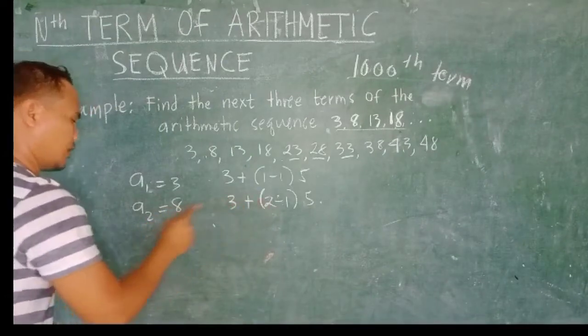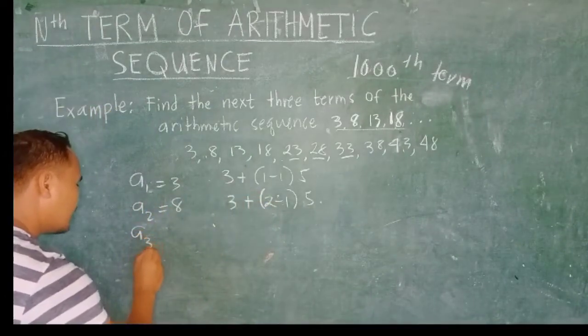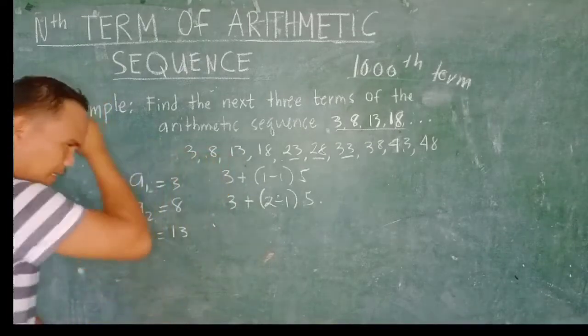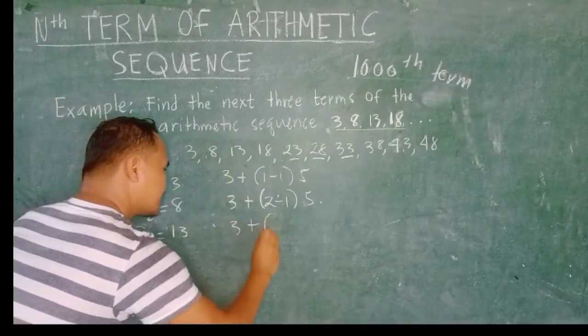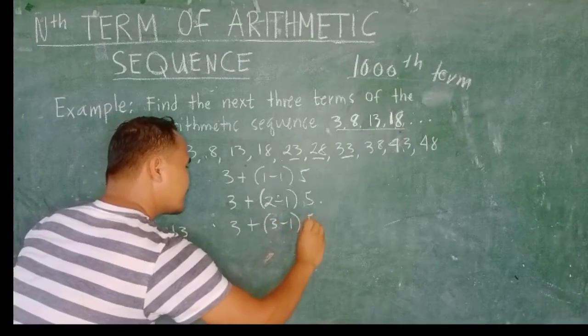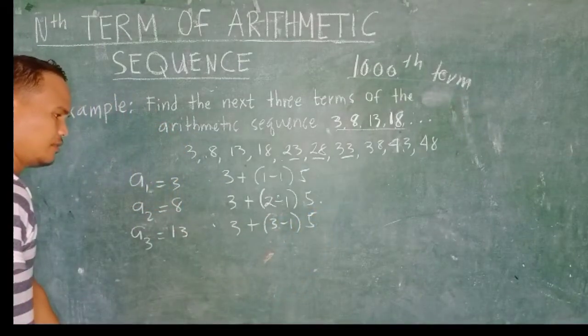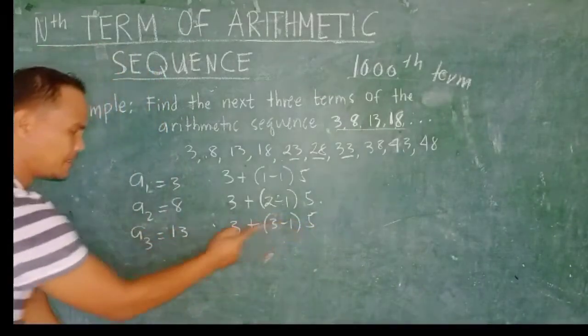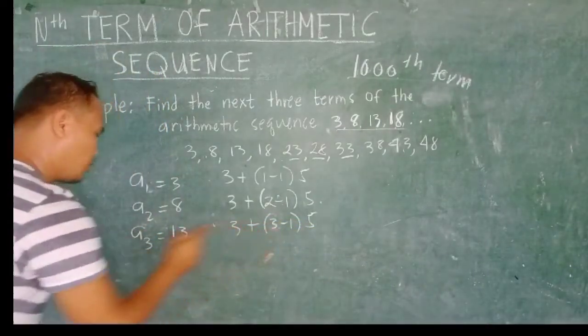So they are equal. For the third term, 13. 13 could be written as 3 plus 3 minus 1 times 5. 3 minus 1 is 2, times 5 is 10. 10 plus 3 is 13. So they are equal.